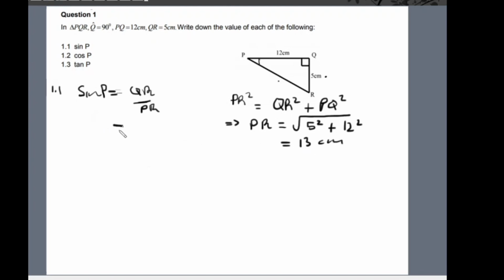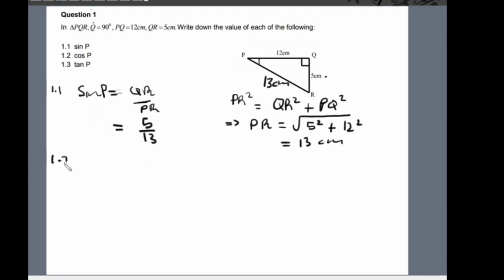Therefore sine P, PR is 13 centimeters. So sine P is equal to QR over PR, it's opposite over hypotenuse. So it's 5 centimeters divided by 13, right?